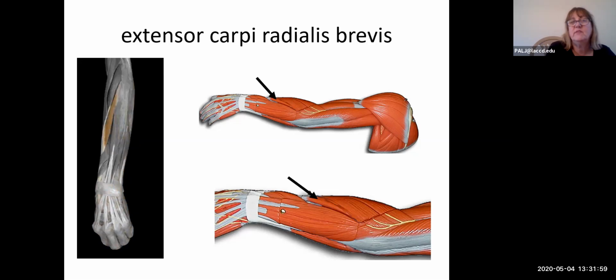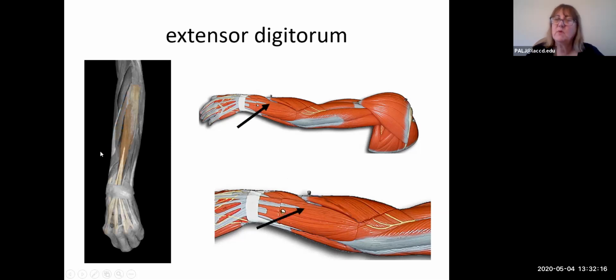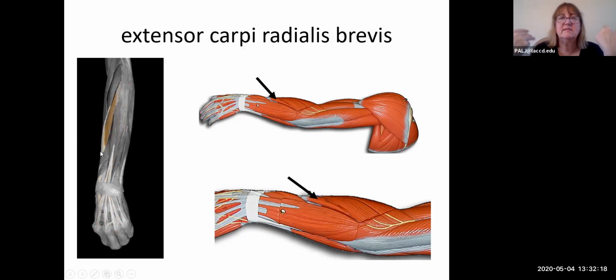And that muscle is called the extensor carpi radialis brevis. So this is the third muscle, okay, on the cadaver. Brachioradialis first, extensor carpi radialis longus second, extensor carpi radialis brevis third. So yes, this one also extends the wrist on the radial side.